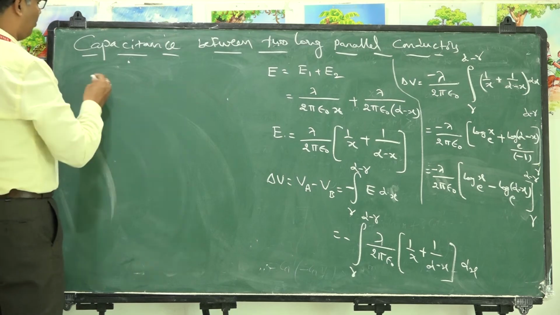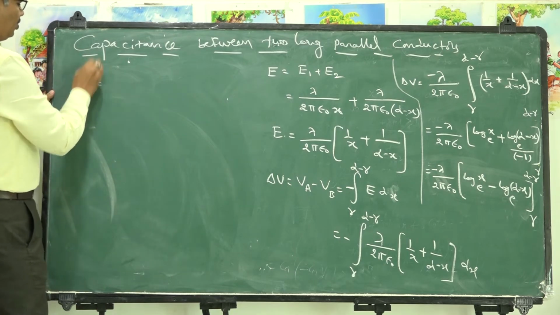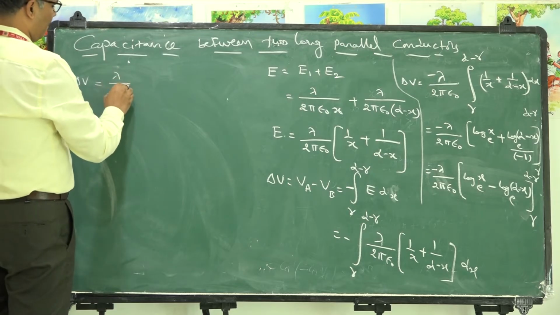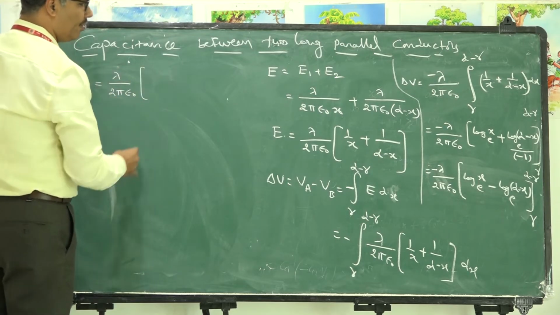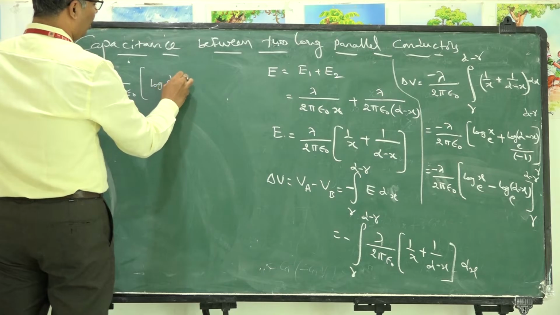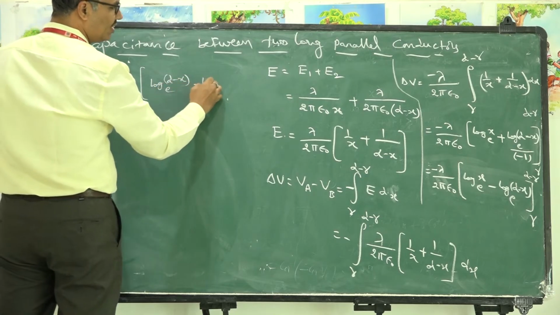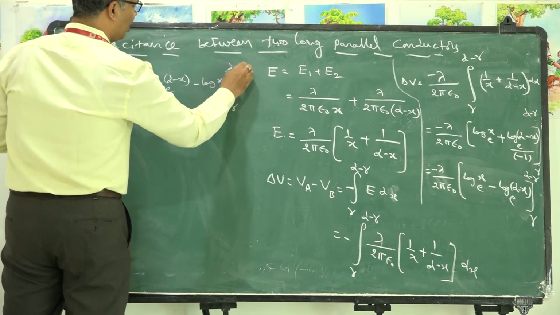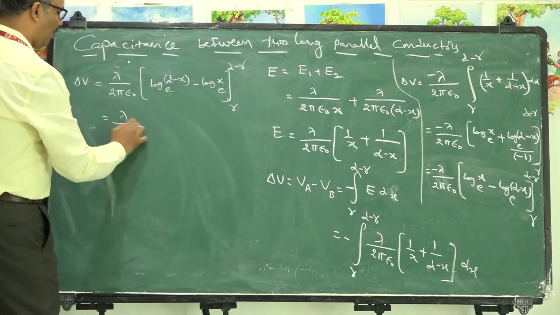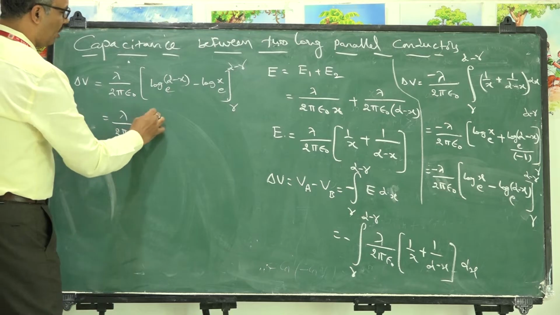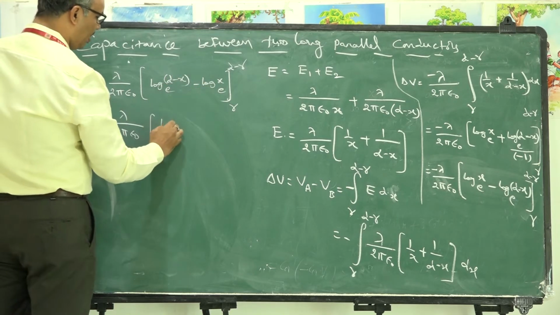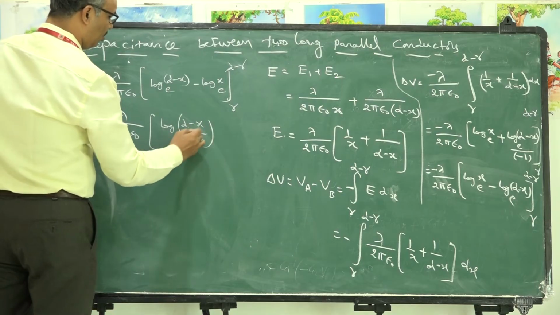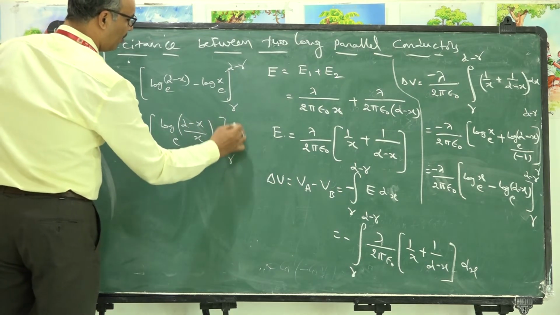First let me multiply minus into that. So the potential difference is given by lambda by 2 pi epsilon naught, log d minus x to the base e minus log x to the base e. Limits are from r to d minus r. Log a minus log b can be written as log a by b. Log d minus x by x to the base e, r to d minus r.